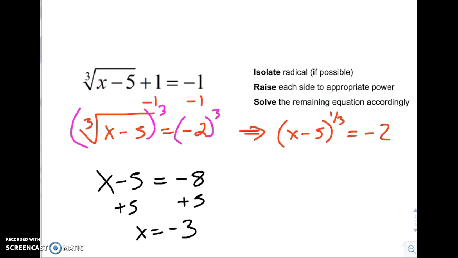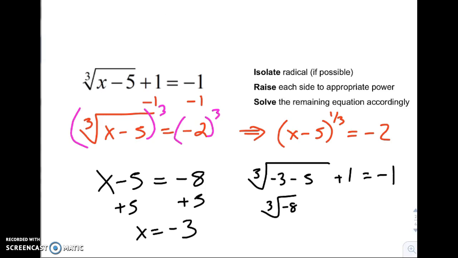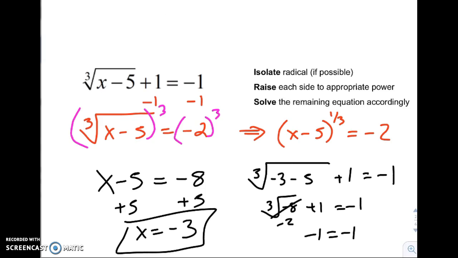We'll talk more about why it's important in a little bit, because you may have an extraneous solution, but I want to check. So it's negative 3. I'm going to plug it back in and make sure I get an equal sign. So negative 3 minus 5, it's the cube root of negative 8. If I add 1 to that, do I get negative 1? Well, this is negative 2 plus 1, negative 1 equals negative 1. Negative 3 is a solution.